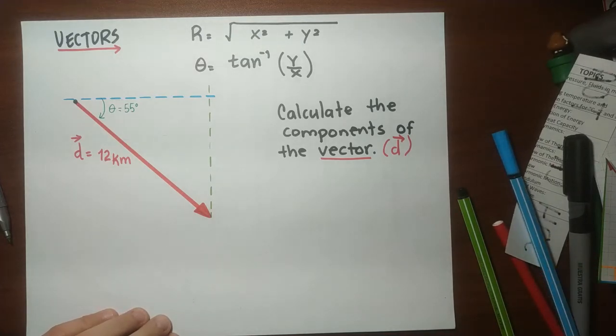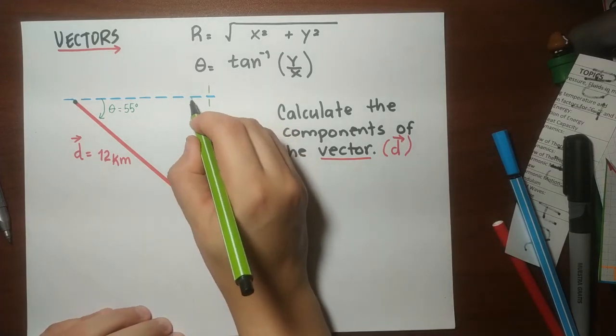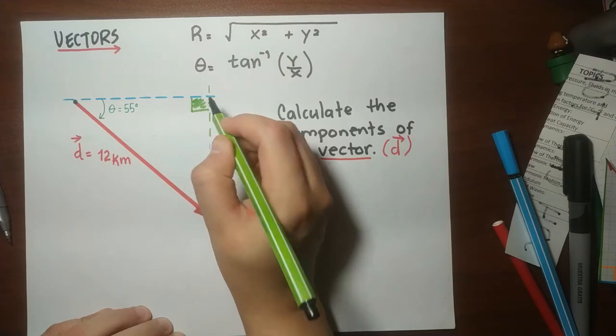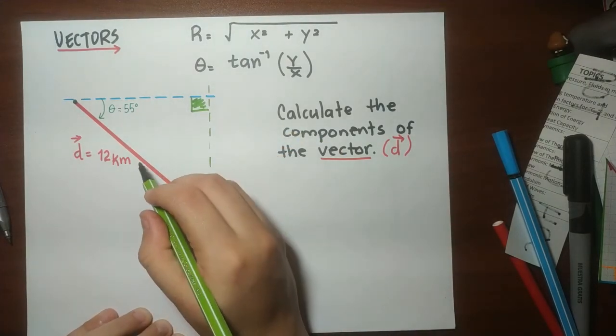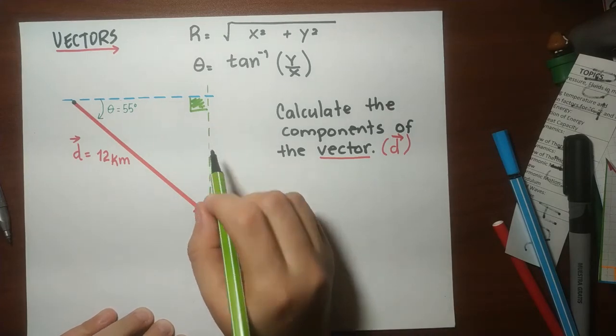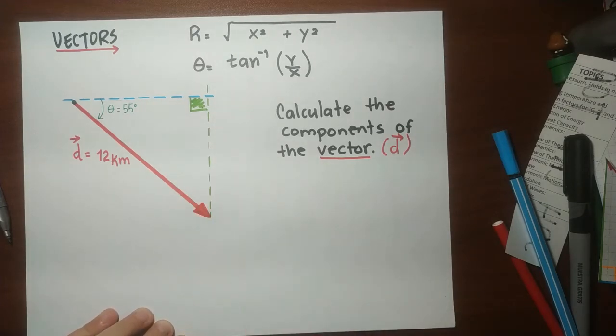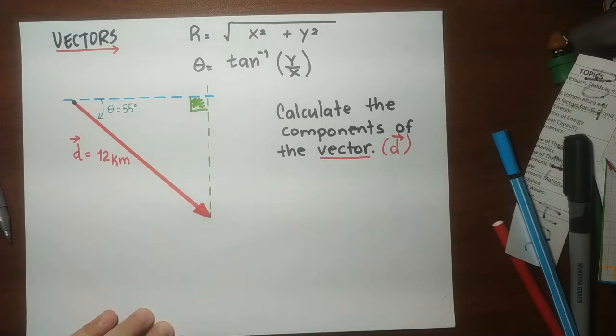Now you have to tell me, for example, where you have your right angle. Yes, you're right, it is exactly here. So as you can see, the hypotenuse is there in front of the right angle. I have 12 kilometers, and that is my vector. So I'm going to calculate in this moment what are my components, opposite and adjacent to the angle.